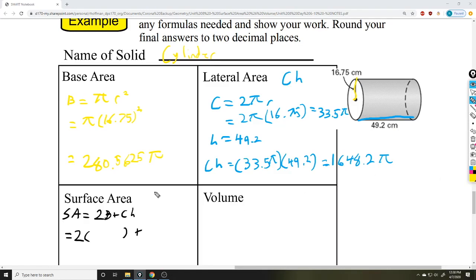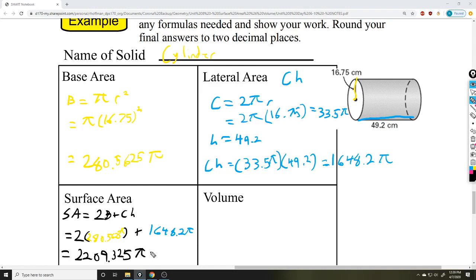Here's our surface area formula. Just like we did before, we have these values already, so we can just put them in. 280.5625 pi is our area of the base, plus circumference times the height, which is 1,648.2 pi.